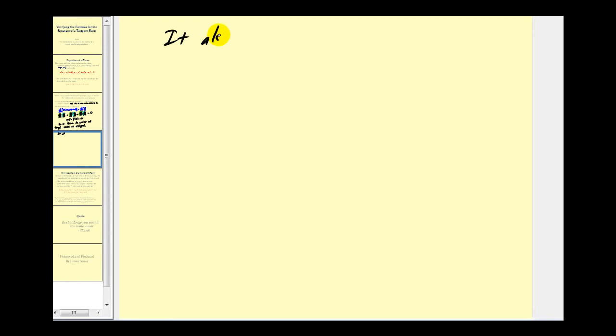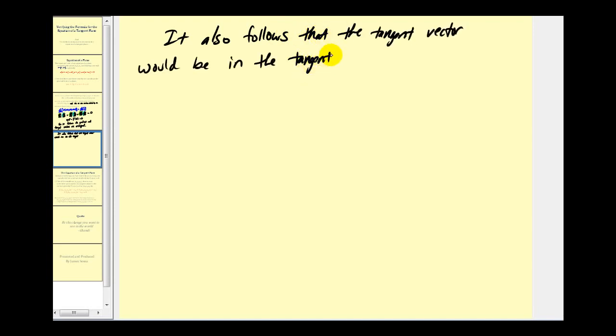It also follows that the tangent vector would be in the tangent plane and contain the point x sub 0, y sub 0, z sub 0.